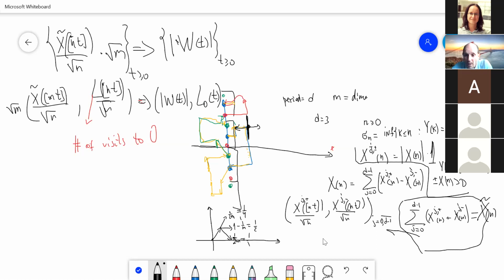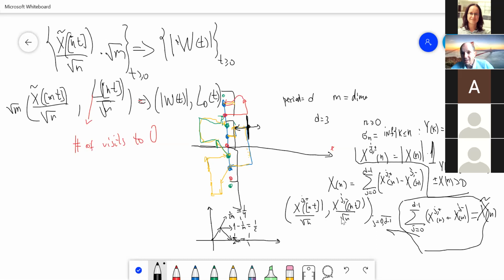And now, assume that I find a limit of this vector. Then x of n is just a continuous functional of this process. We add these coordinates and we subtract other coordinates.